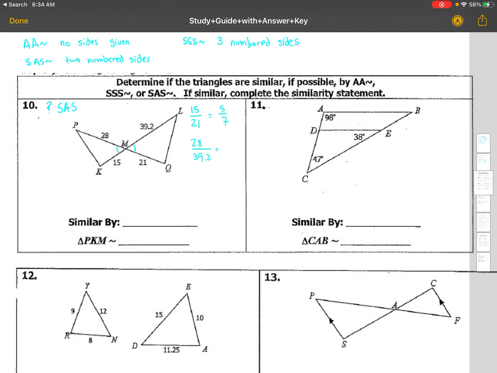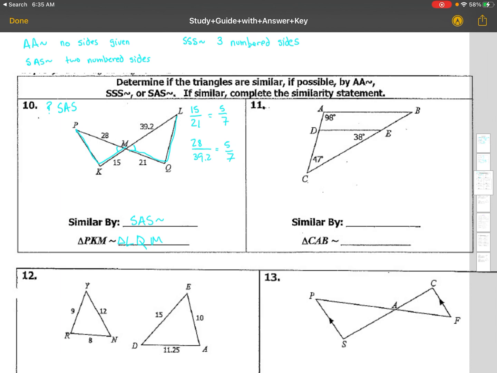So 28 divided by 39.2, I believe that is actually 5/7. Use a calculator. So because the ratios are equal and we have congruent included angles, the triangles are similar by side angle side similarity. And that's going to mean triangle PKM is similar to triangle LQM. So the order we went was unlabeled to the short side, unlabeled short side.